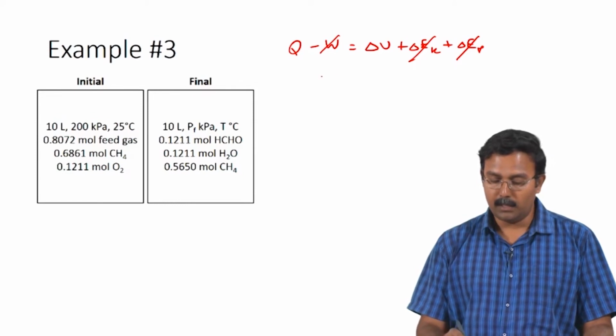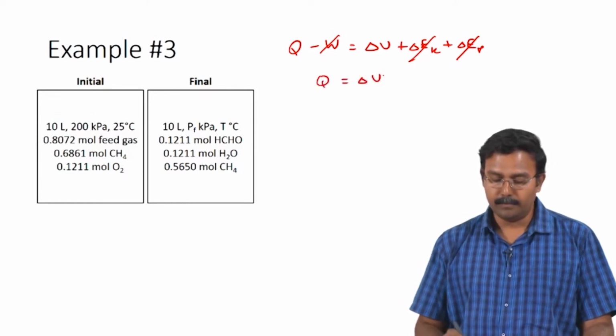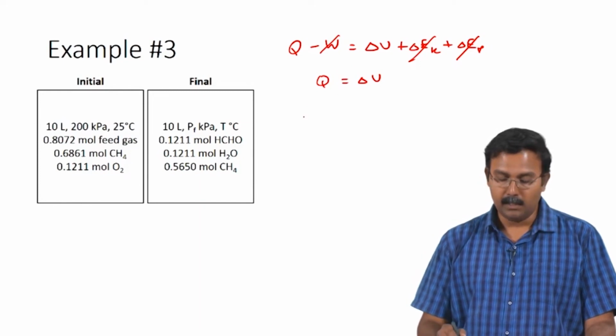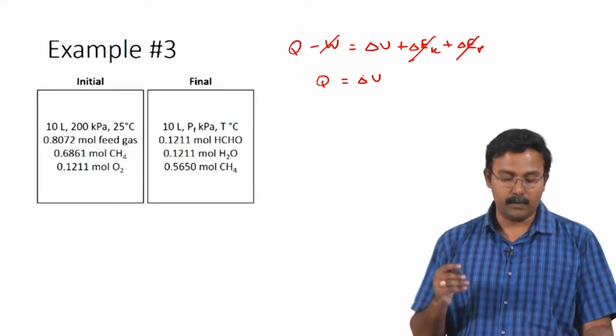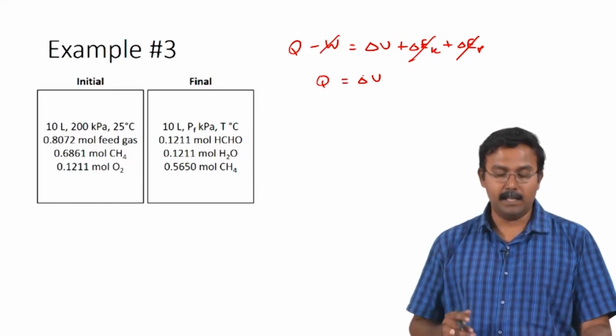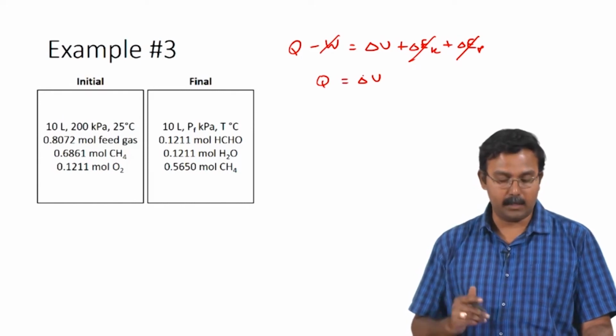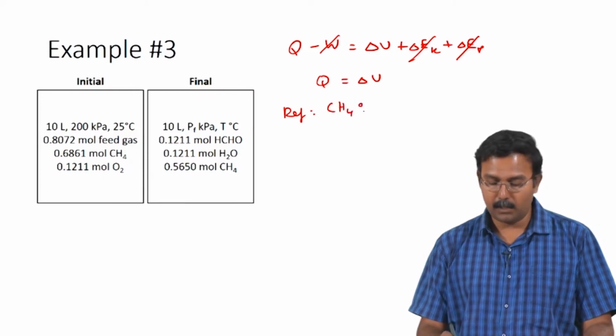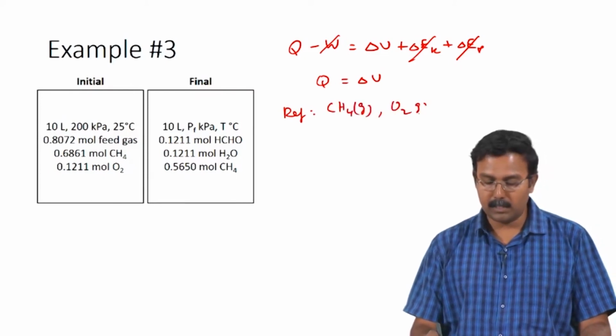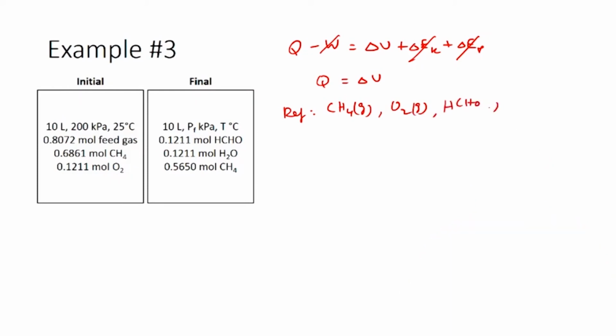So, you end up with Q equals delta U, and once you have this equation, we have to calculate delta U. For that we have been told to use the reference states of methane gas, oxygen gas, formaldehyde gas and water gas at 25 degrees Celsius. So, let us take the reference states as given in the problem, which is methane gas, oxygen gas, formaldehyde gas and water gas, all at 25 degrees Celsius.